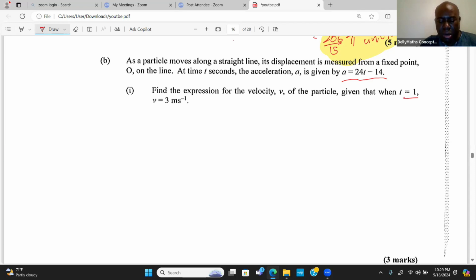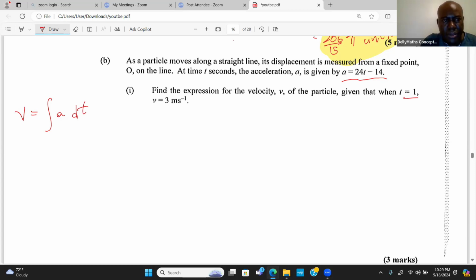All right. One of the things that we want to do here is make sure we remember these ideas. To find velocity, we integrate acceleration. So v for velocity is going to equal the integral of acceleration with respect to time.